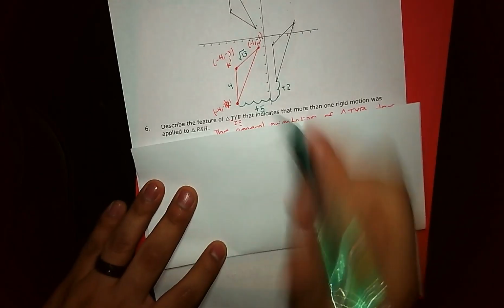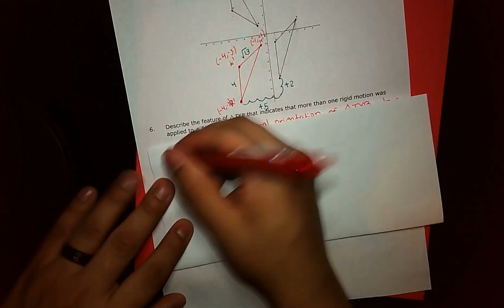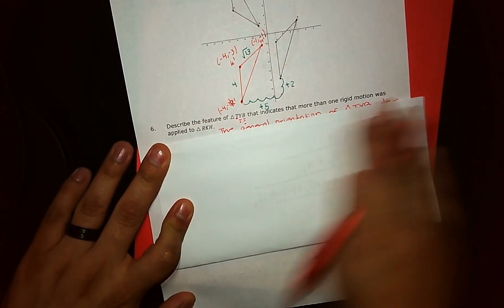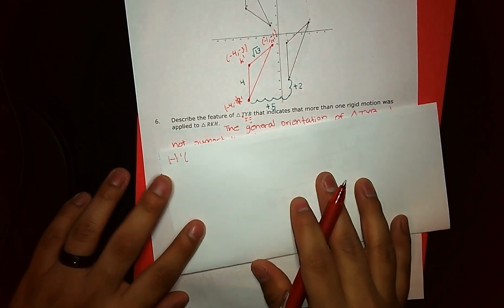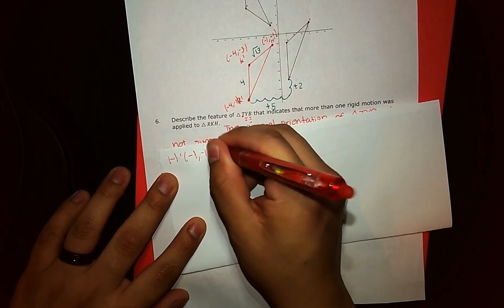Again, I'll just fold my paper one more time. That way I have some space here. Alrighty. So from H prime to R prime, what do we got? Well, we know H prime sits at -1, -1.